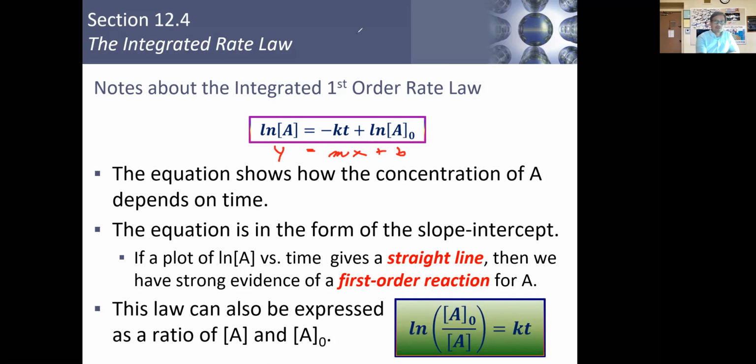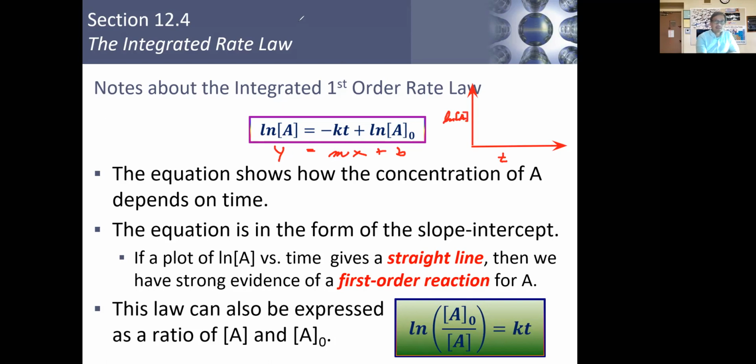Okay? So if you collect the data points here along the x-axis and along the y-axis, what we will be plotting is time here, and then the natural log of A on the y-axis.